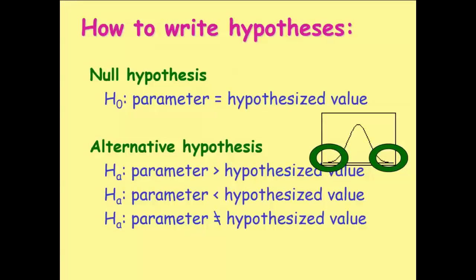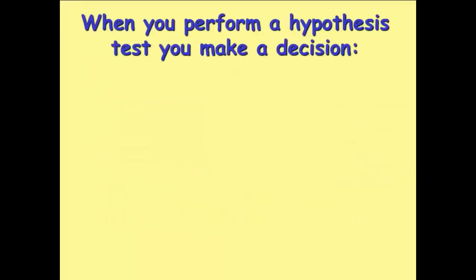Okay. So when we perform a hypothesis test, we're doing it to make some sort of decision. It's kind of like when you have an argument. You argue to reach a conclusion of some point. You're trying to say either I'm right, or you're right, or maybe somewhere in between, some sort of compromise.